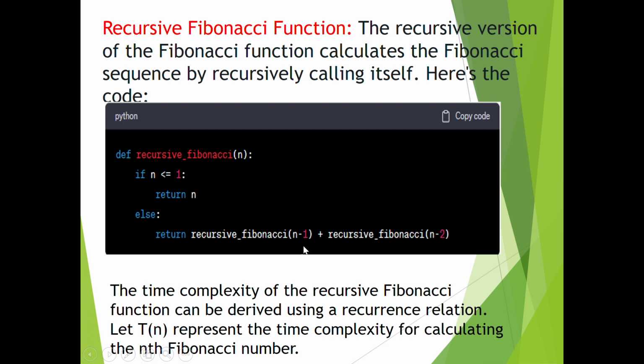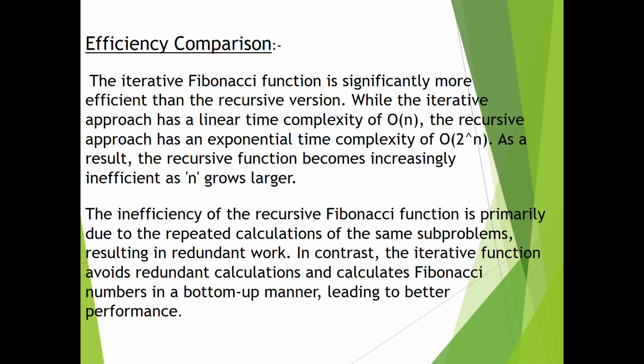Here we are calling the same function 2 times and adding them. The recursive approach has time complexity big O of 2 to the power n. It is exponential actually.